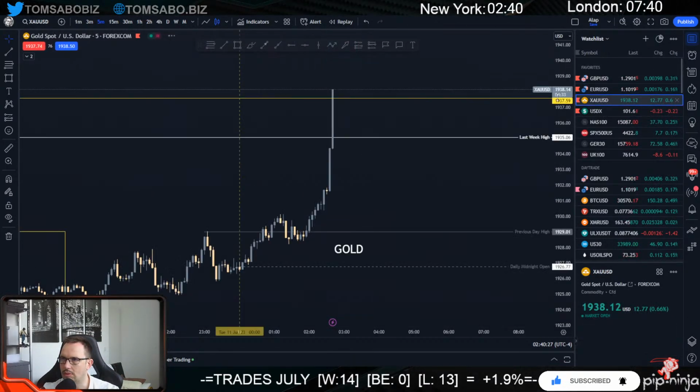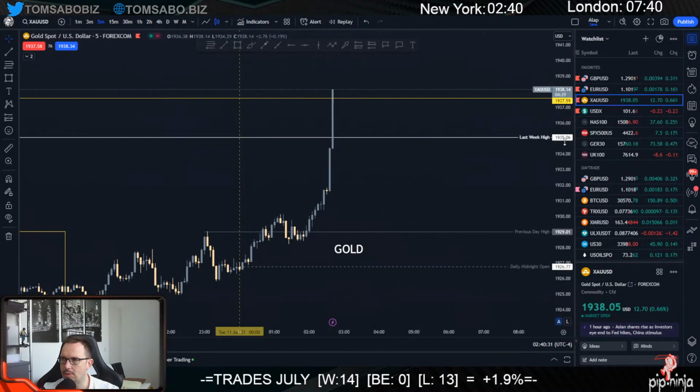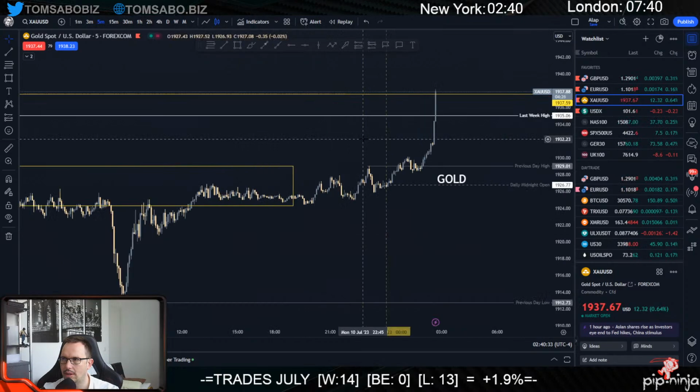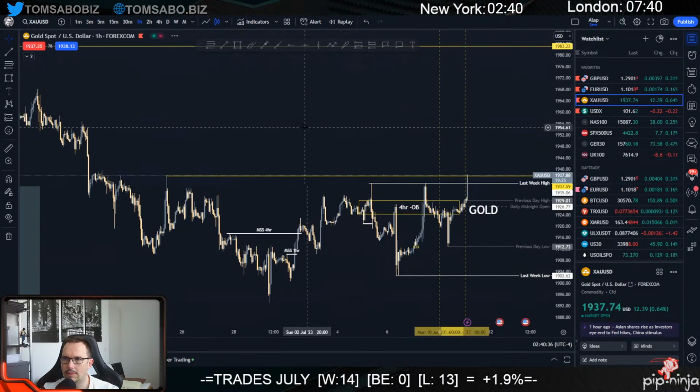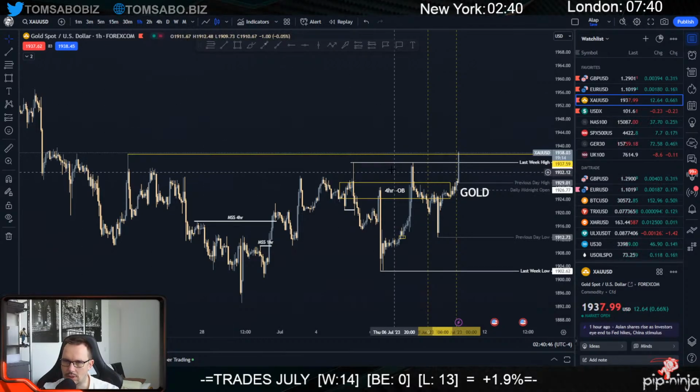What happened on gold? Oh, look at gold. As I was expecting, gold burst through the 1935 and went all the way up into this swing high right here. I don't want to look like a hero, but I took this trade on my personal account.